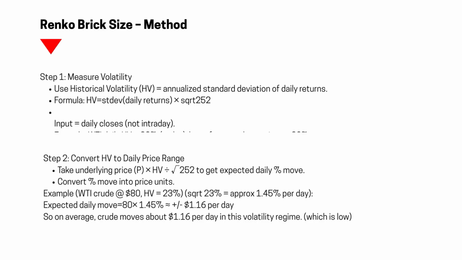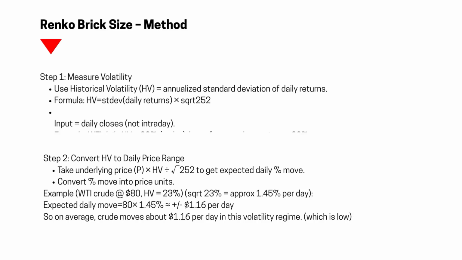So we then convert that to a daily price range. And how do we do that? Well, we just take the volatility and divide it by the square root of 252 or 260. That's the amount of trading days there to get our expected daily move, and we convert that percentage into price units. So in our example here, say WTI was trading around $80 and the historical volatility was 23%.